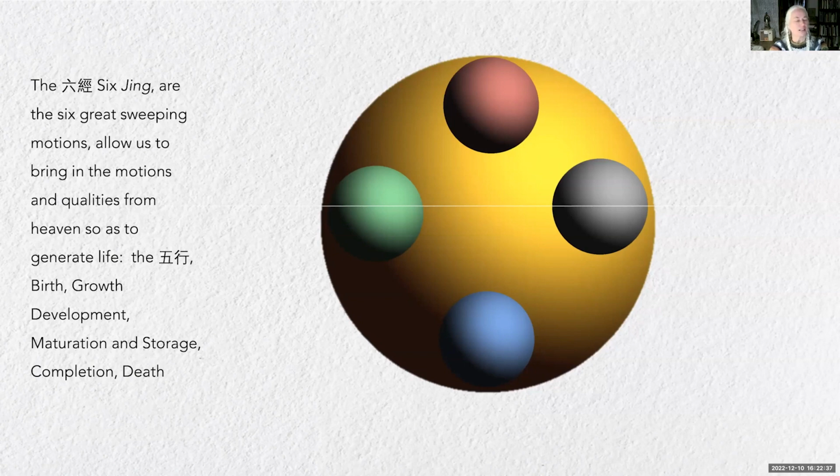So in the next presentation, we're going to be looking in more detail at each of the 6 great sweeping motions, the Liu Jing, and you'll see more about how each of them works to bring in their own particular Qi.